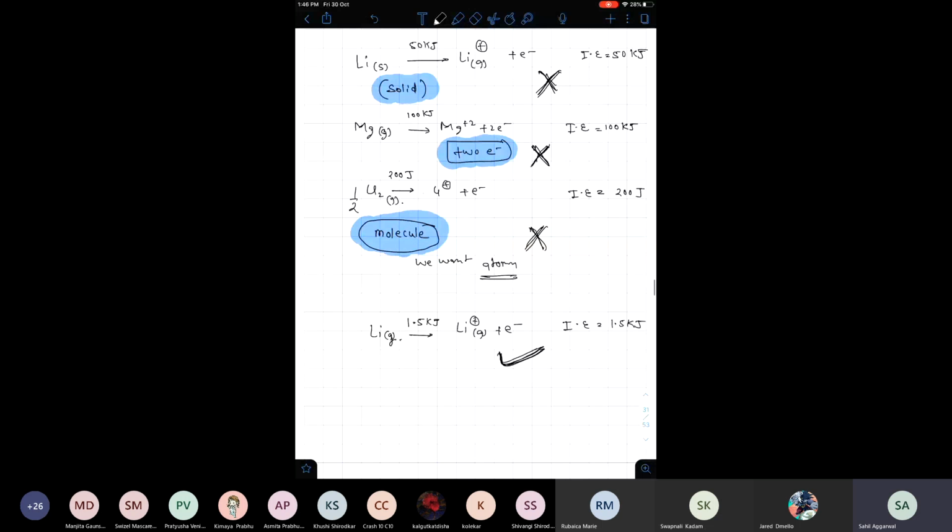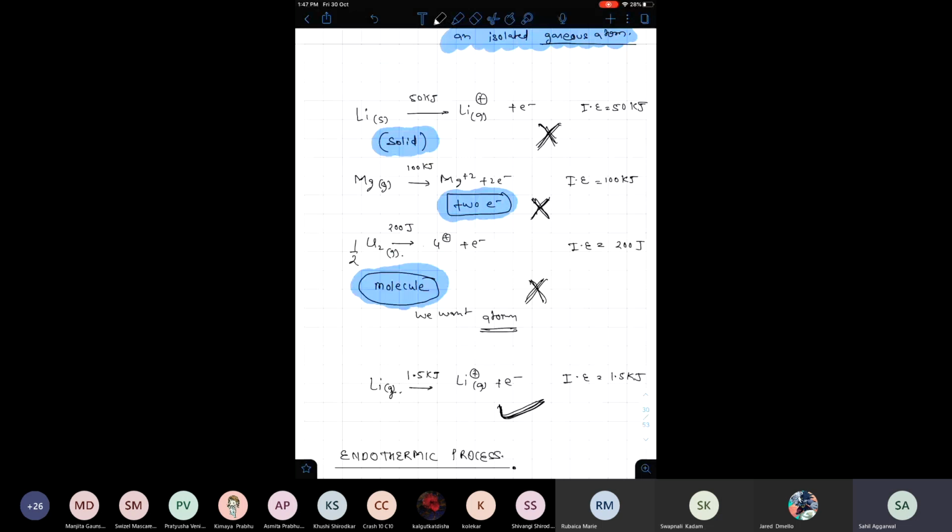Should I say it is an endothermic process? Always. ठीक है, ऑलवेज है कि नहीं है हम नेक्स्ट क्लास में देखेंगे. अभी इतना ही करते हैं.